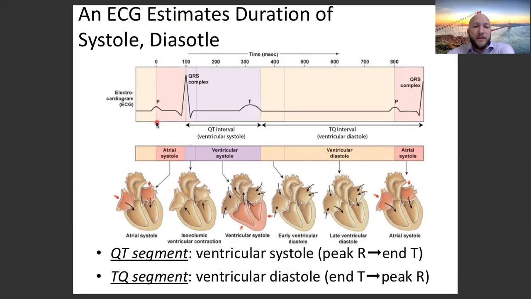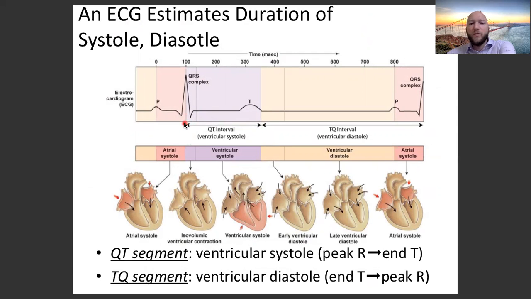So we've got the QT segment, which is ventricular systole. We're going to go from the Q to T. The ventricle contracts in the QRS complex. The ventricle relaxes in the T wave. So this is ventricular systole.